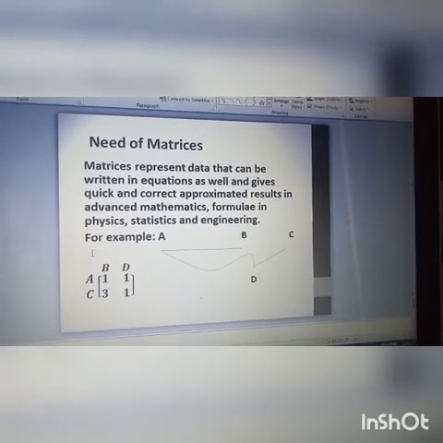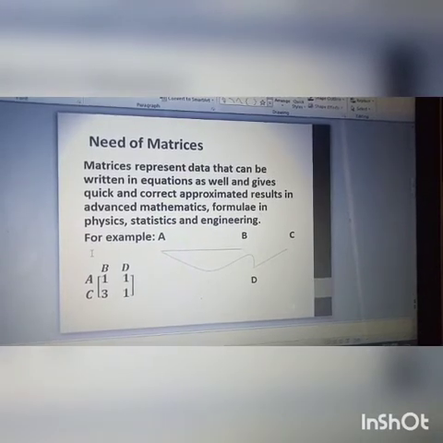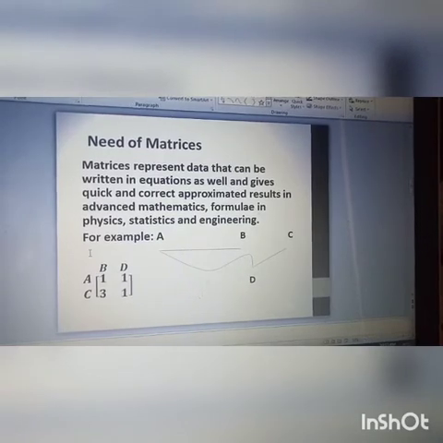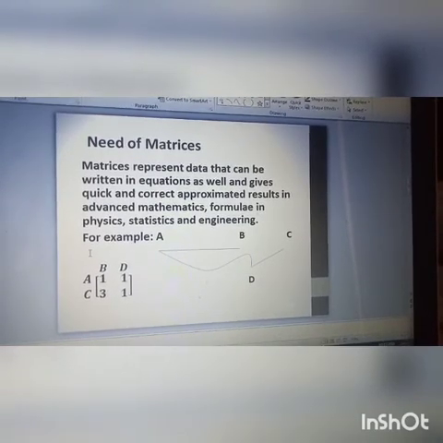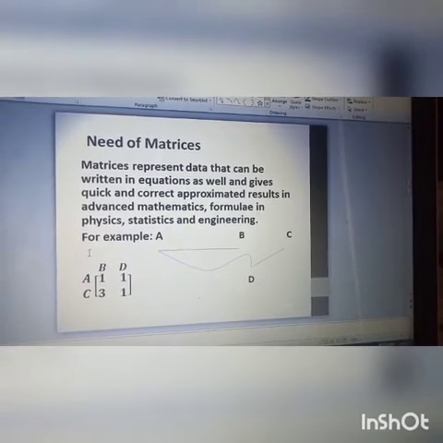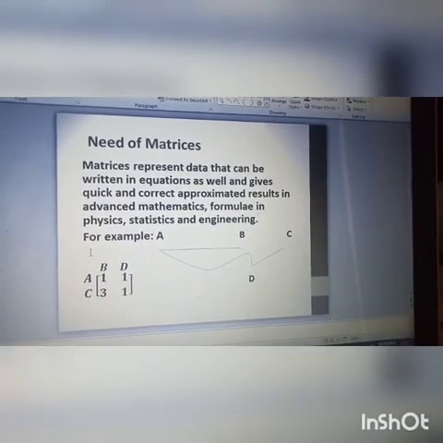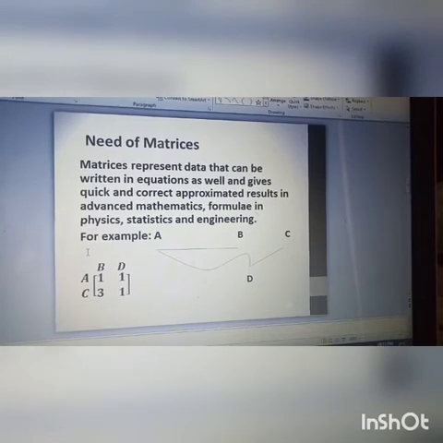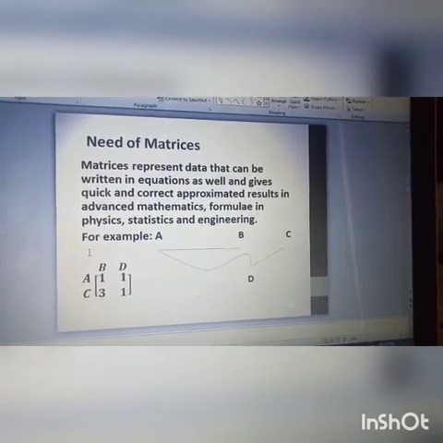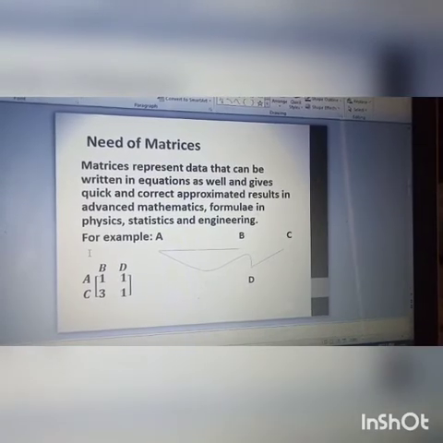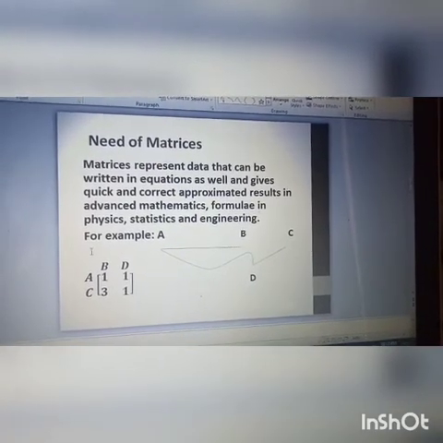So while working within these fields, collecting the data in matrix form gives quick and correct approximated results. That could be more useful as compared to other ways to calculate things. So that is why matrices are a useful way of calculating things or data.